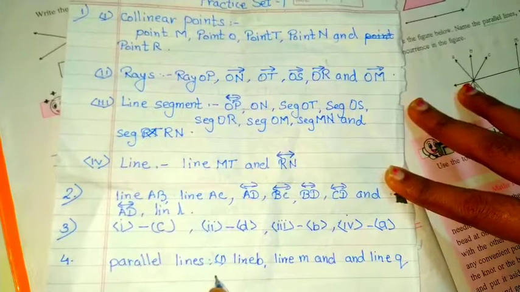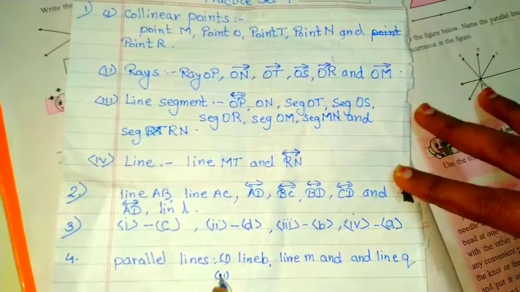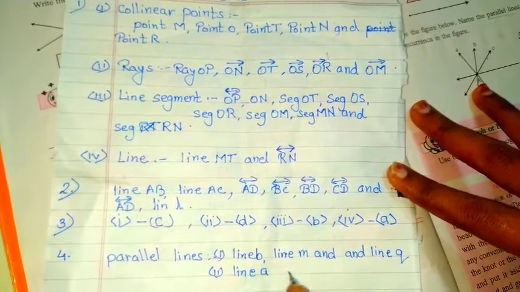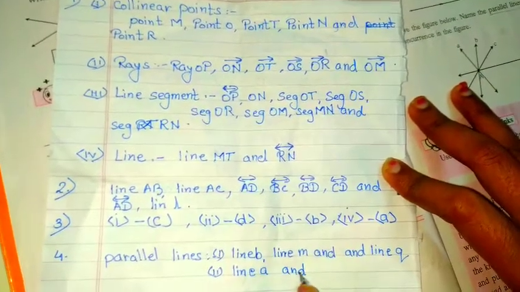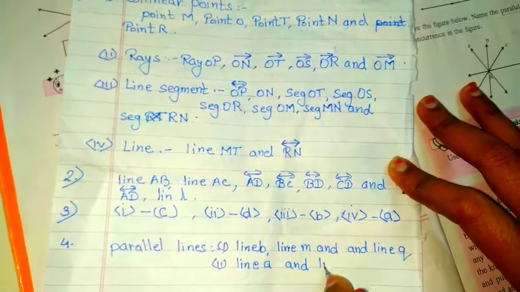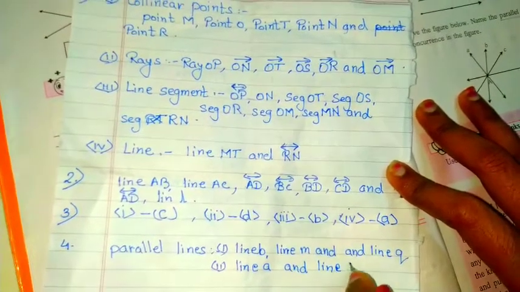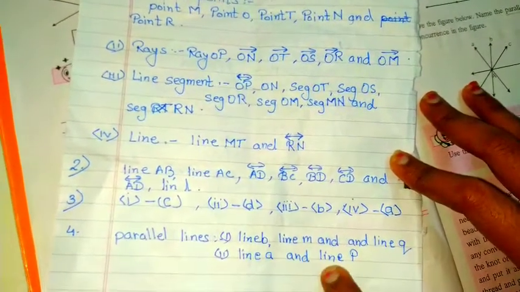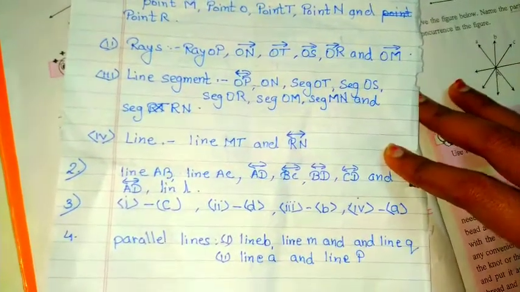Next, line A and line P. These two are also parallel lines because these two lines do not intersect each other.